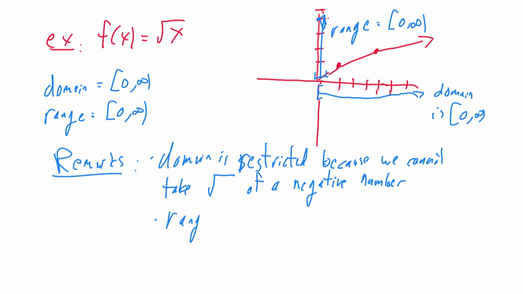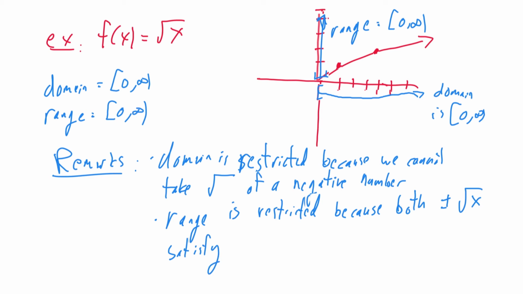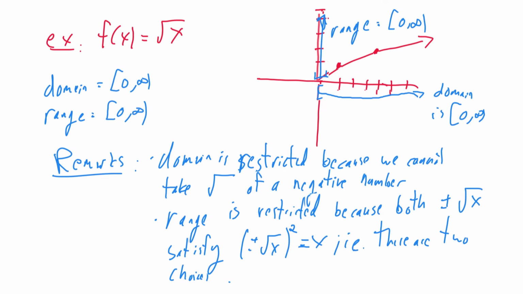The range is restricted because note that both plus and minus square root of x satisfy this. So in some sense, there are two choices for square root of x. We pick the positive one.